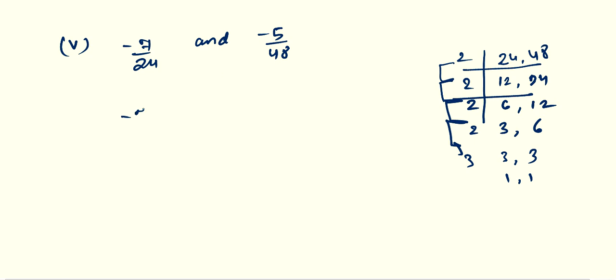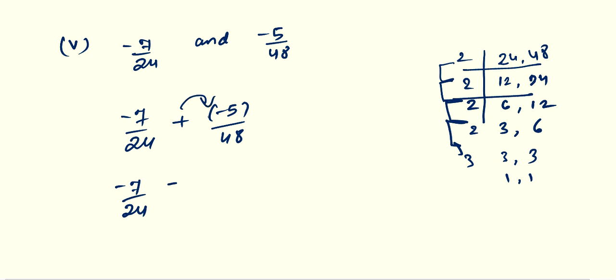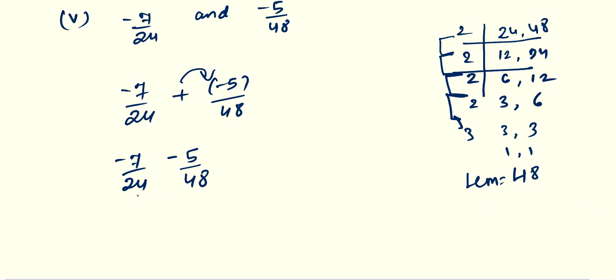So first we have to write minus 7 by 24 plus minus 5 by 48. Now we have to remove this bracket. So plus minus becomes minus, so minus 5 by 48. Now our LCM is 48 here. 48 is a multiple of 24, 24 twos are 48.